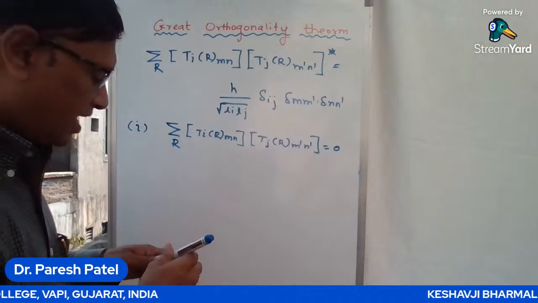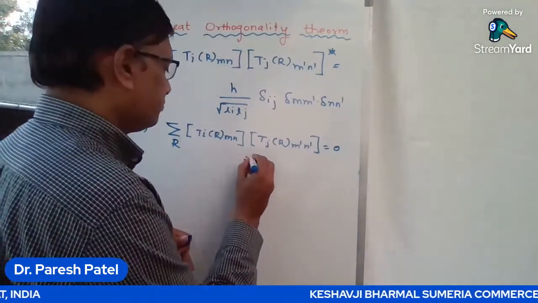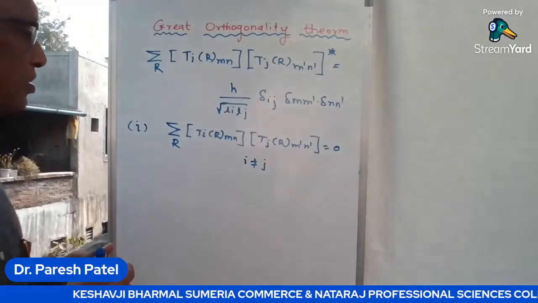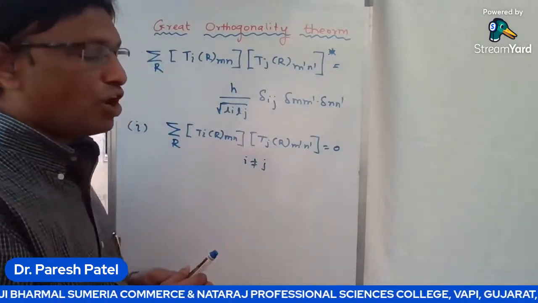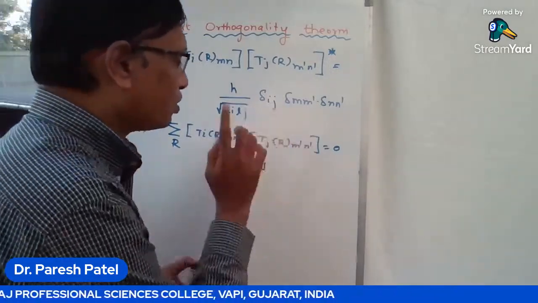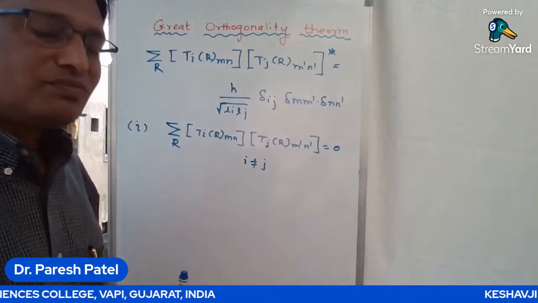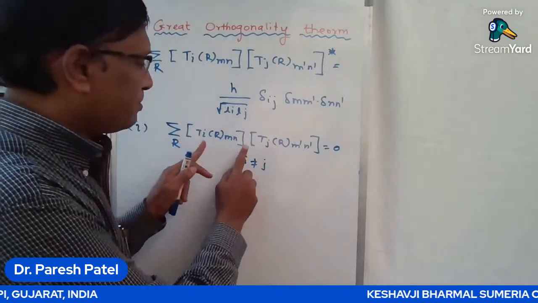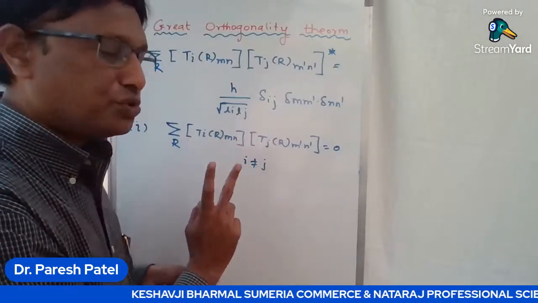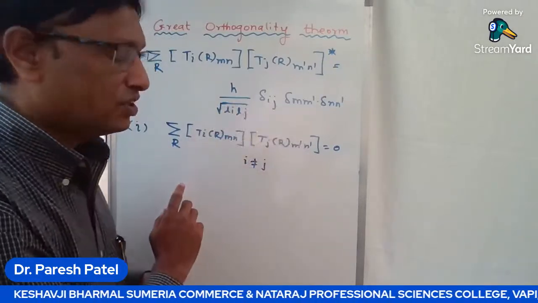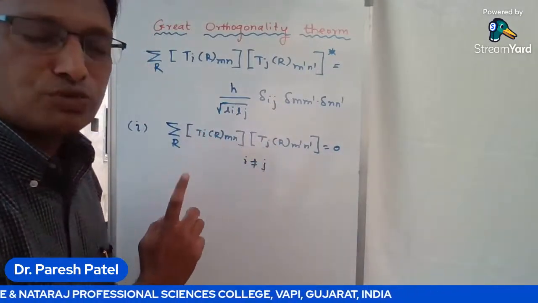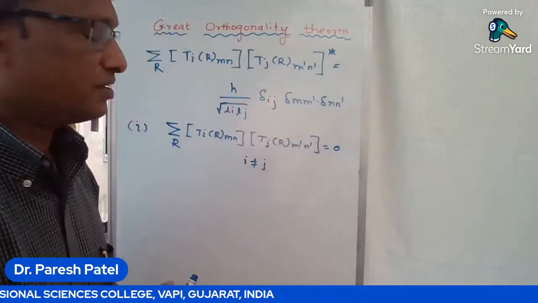Here i is not equal to j, which means both irreducible representations are different. So the elements of different irreducible representations of the corresponding matrices are orthogonal to each other, and the summation is equal to 0.